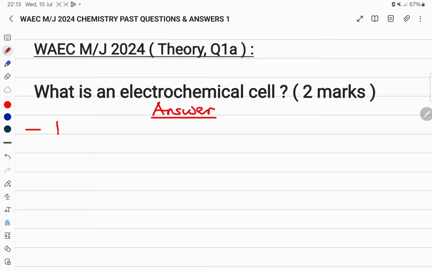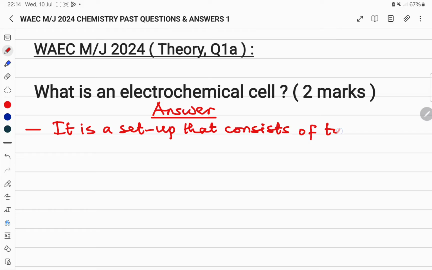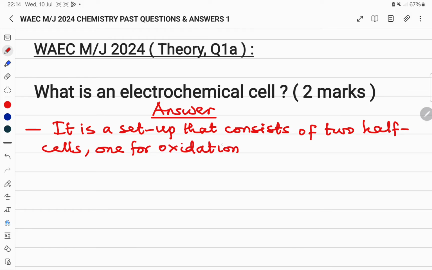The first one is it is a setup that consists of two half cells, one for oxidation, and the other for reduction.